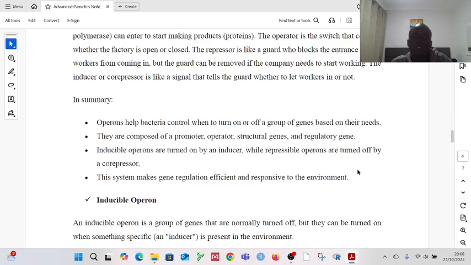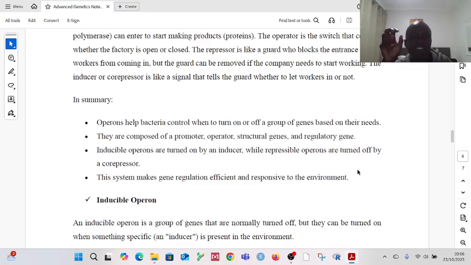Inducible operons are turned on by an inducer. Repressible operons are turned off by a co-repressor. So this operon system helps in the regulation of genes.